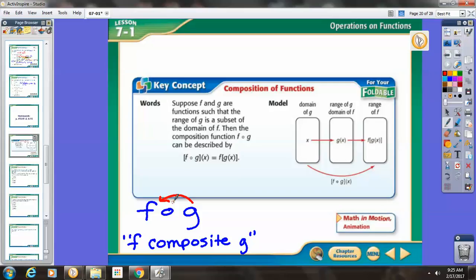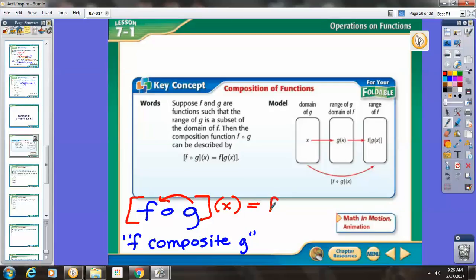So on your note paper, on the back side, it has composition of function, and it has f composite g of x. Okay? So let me write the notation just like it's on your paper so there's no confusion. And we're taking the g function and we're putting it into the f function. That's what that means. So how are we going to write that?